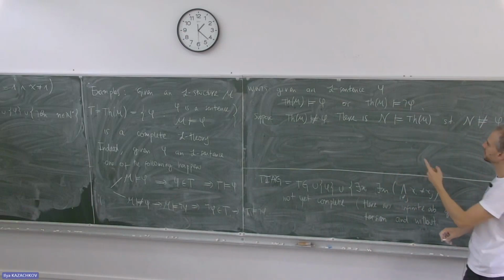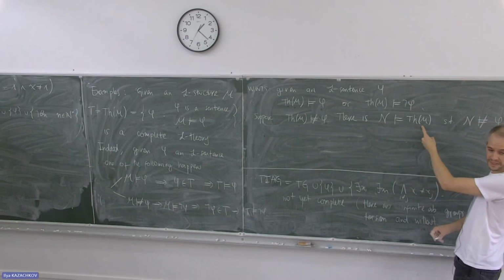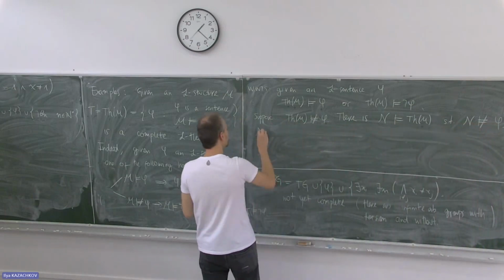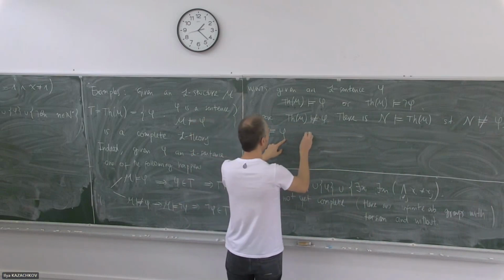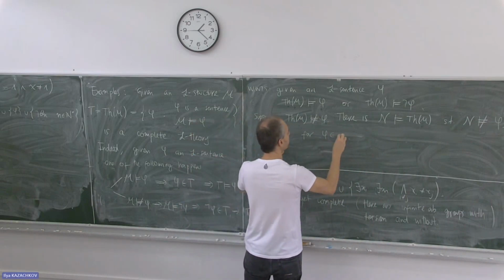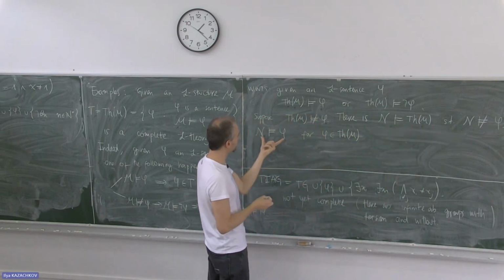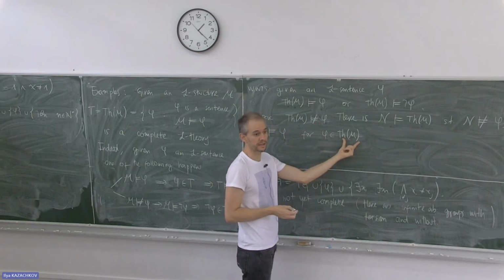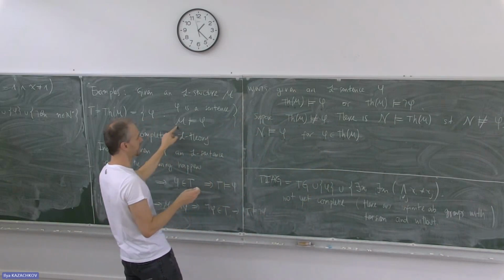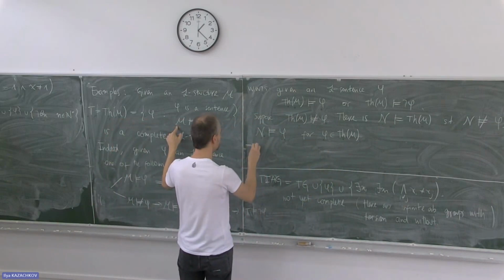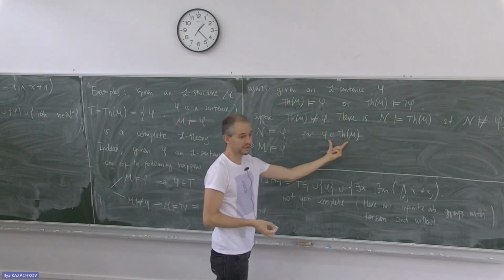Now, if N is a model of this, then N satisfies every sentence phi in this theory, because this is what it means. But notice that the sentences in this set were defined like this, so this is if and only if M satisfies phi, by definition of this theory.